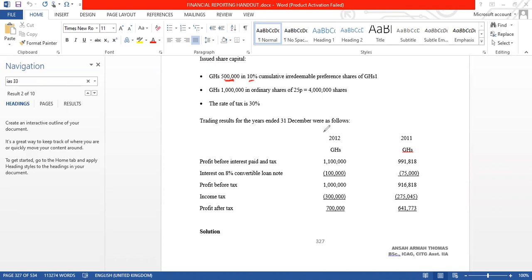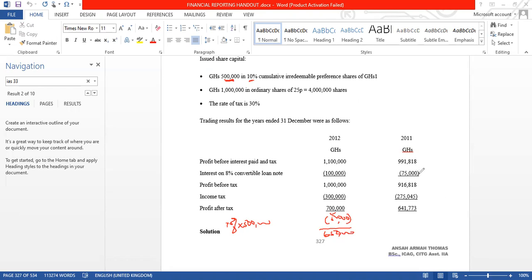So what you're going to do is take your profit after tax and take off this 10% of 500,000, which is 50,000. You take it off, which will land you somewhere at 650,000.